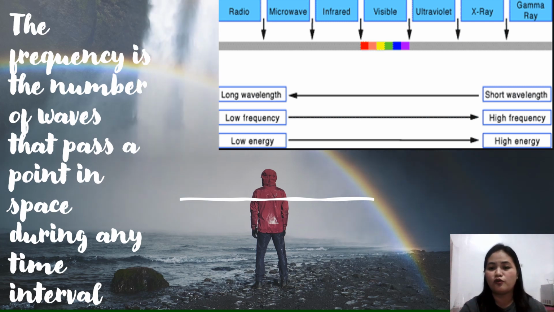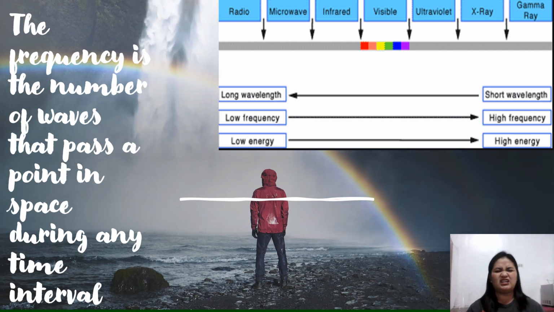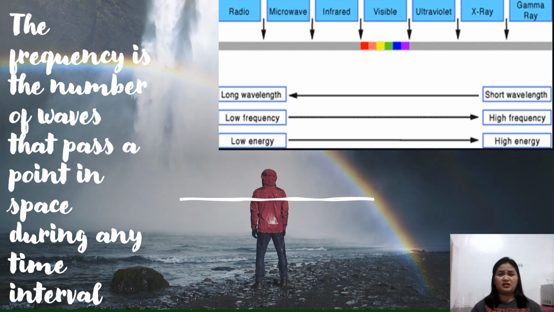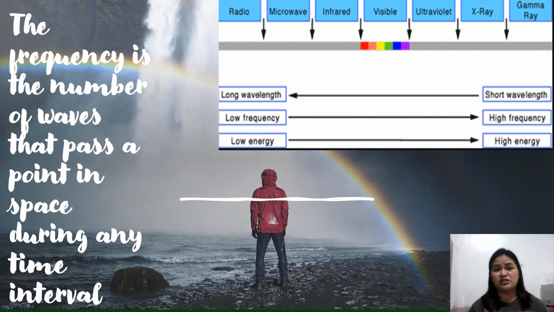Mag-focus dito: high frequency, short wavelength. High energy, high frequency. Okay. Long wavelength, low frequency. Long wavelength, low energy. Kasi ang haba niya kaya ang tagal makadaan, kaya low frequency. Ang tagal din ng paggalaw niya, kaya low energy.